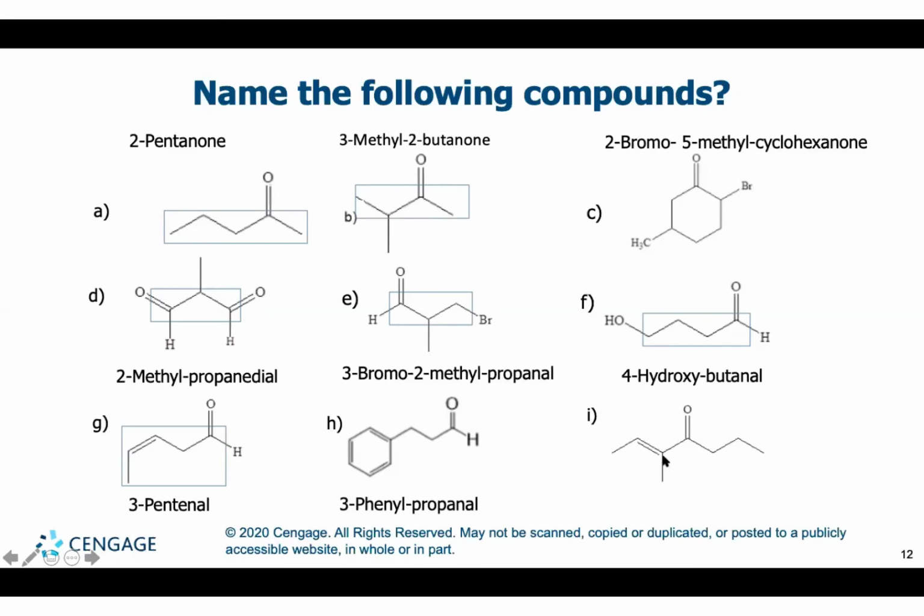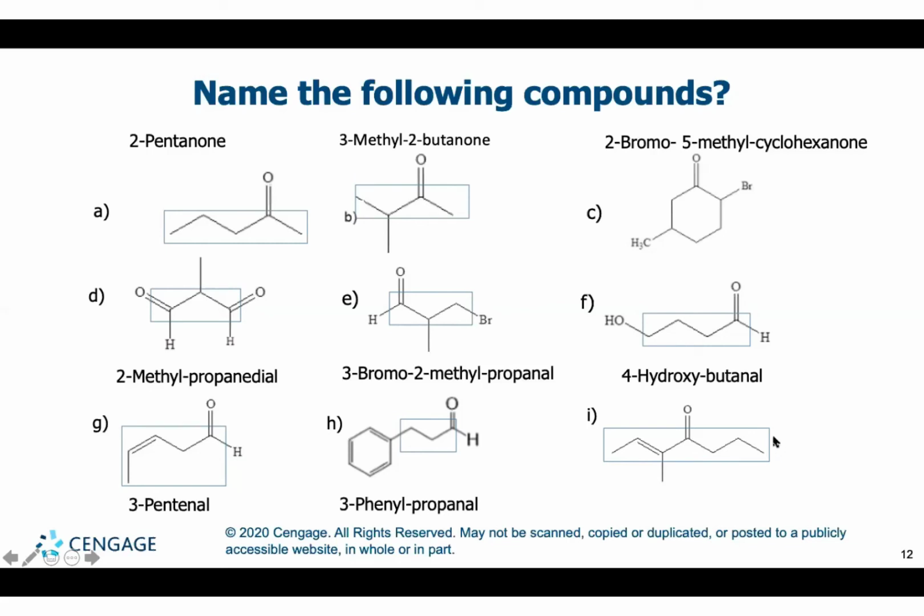Here again I have a ketone and another functional group which is alkene. Which one is higher priority, guys? Ketone is higher priority. From which side should I start numbering? From the left side, because I reach the alkene sooner. So 1, 2, 3, 4.